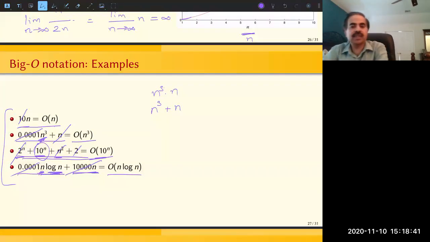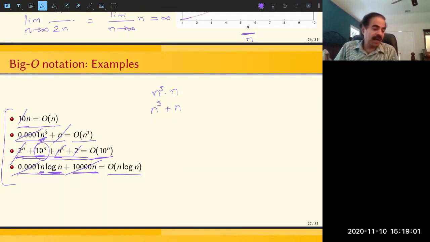Okay, so that's what big O notation is. In many of the other courses that you will take, you will come across this big O notation, and you will learn about it in more depth in your algorithms course, probably next year.